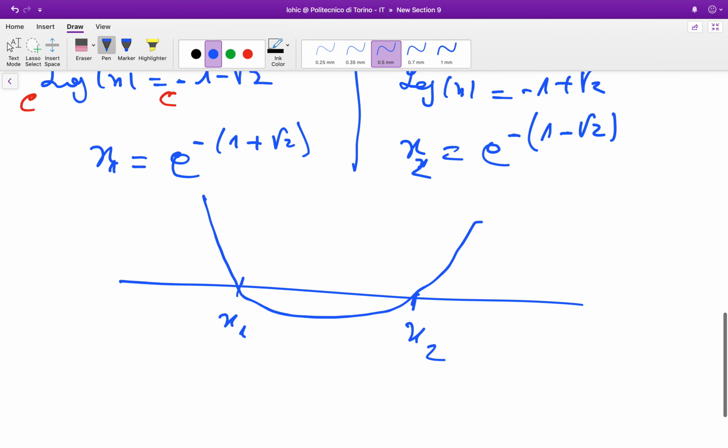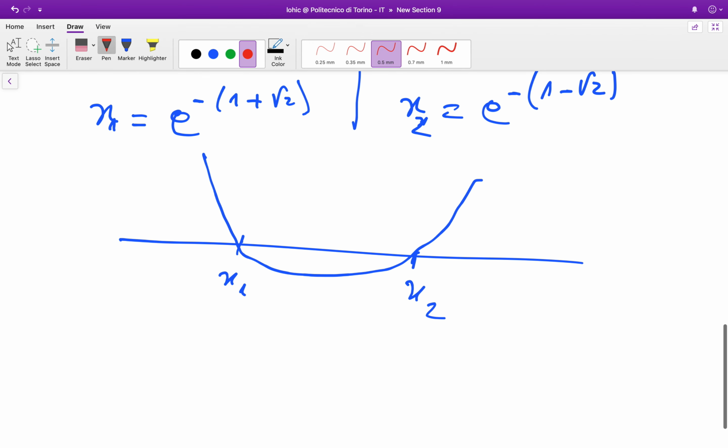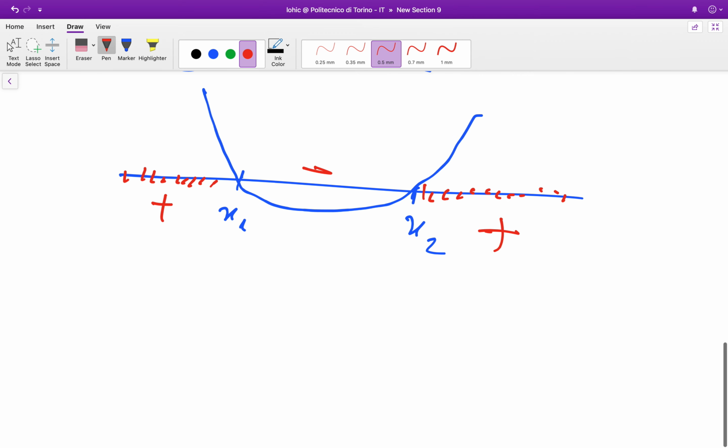Then this means that here it is positive, and here it is also positive, because it is above the x-axis, but in between it is negative. Now we are able to do our table because we know where each part is positive and where it is negative.